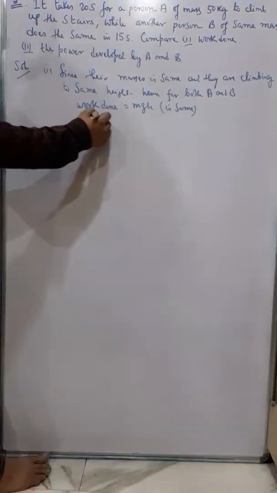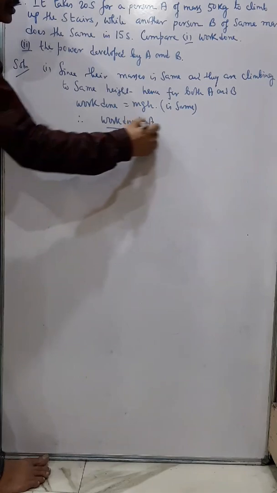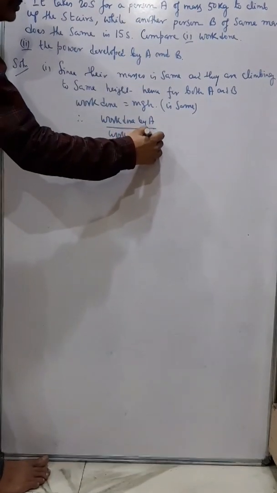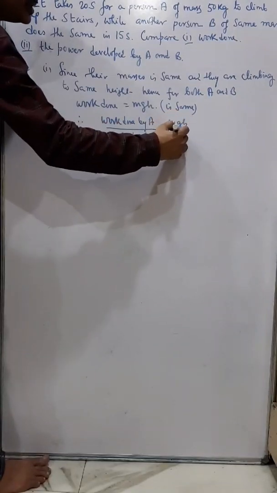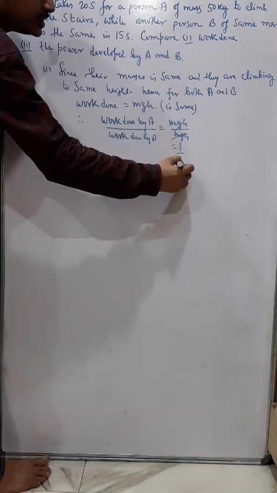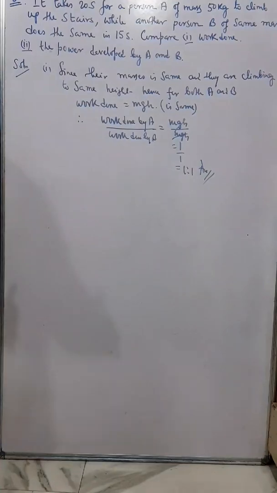So finally we can say that work done by A by work done by B is equal to mgh by mgh. So I get 1 by 1, which is equal to 1:1. Understand? So I have to do it in this way.